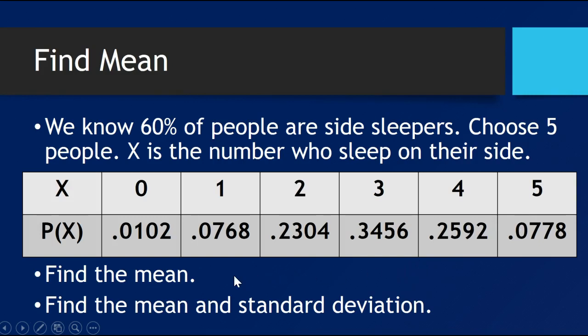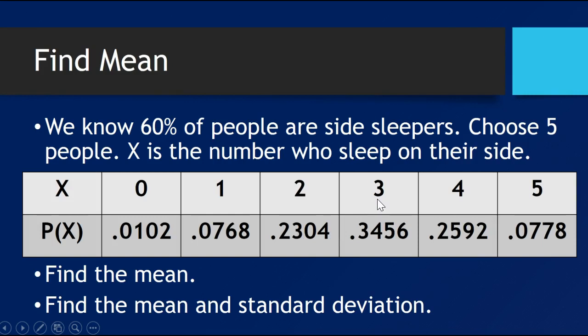All right. So if I were to do this by hand, well, I would have taken the 0 and multiplied it by 0.0102. And then I would have added 1 times 0.0768. And then I would have added 2 times 0.2304.